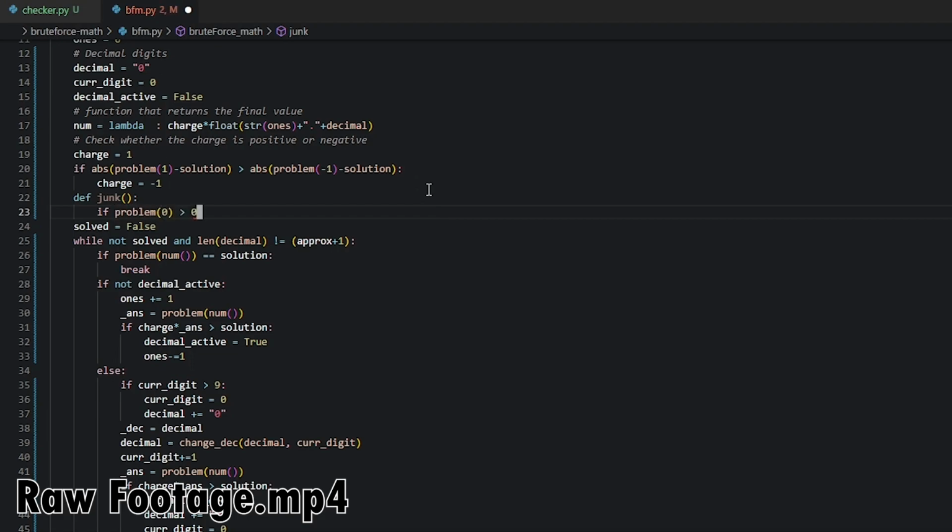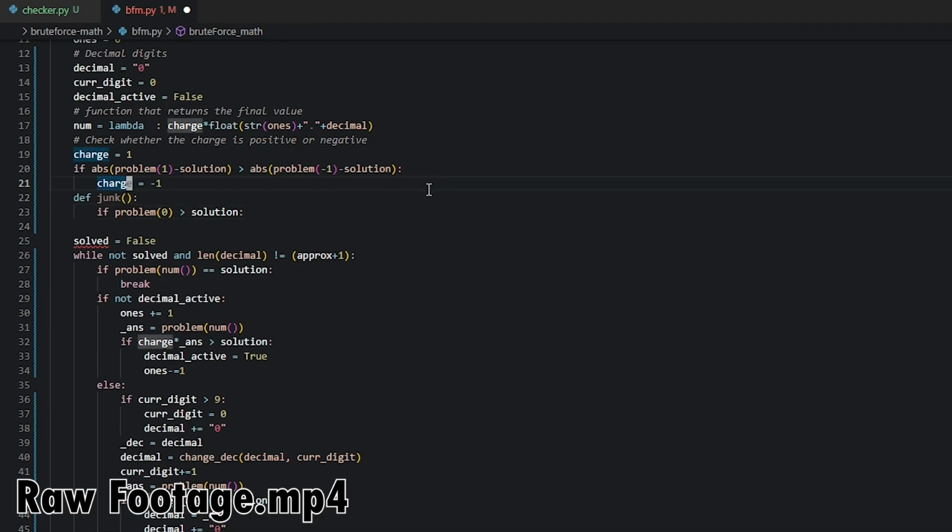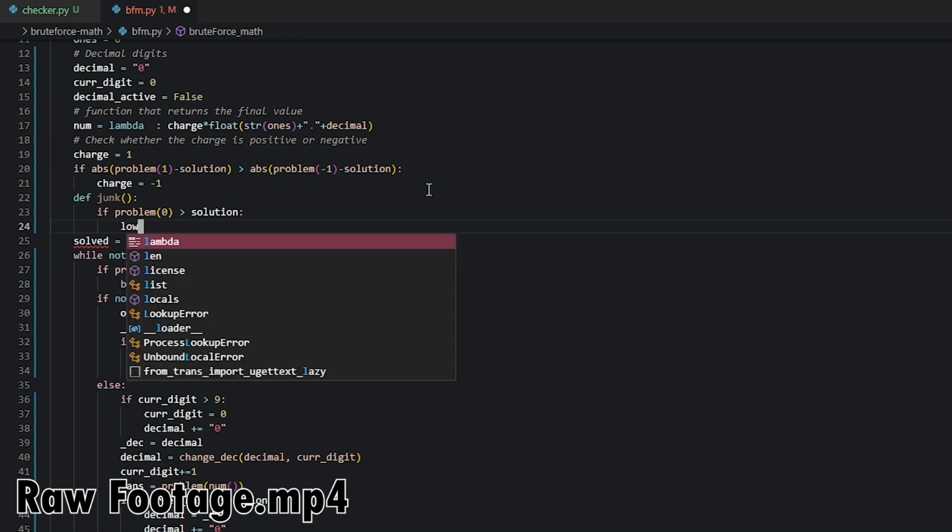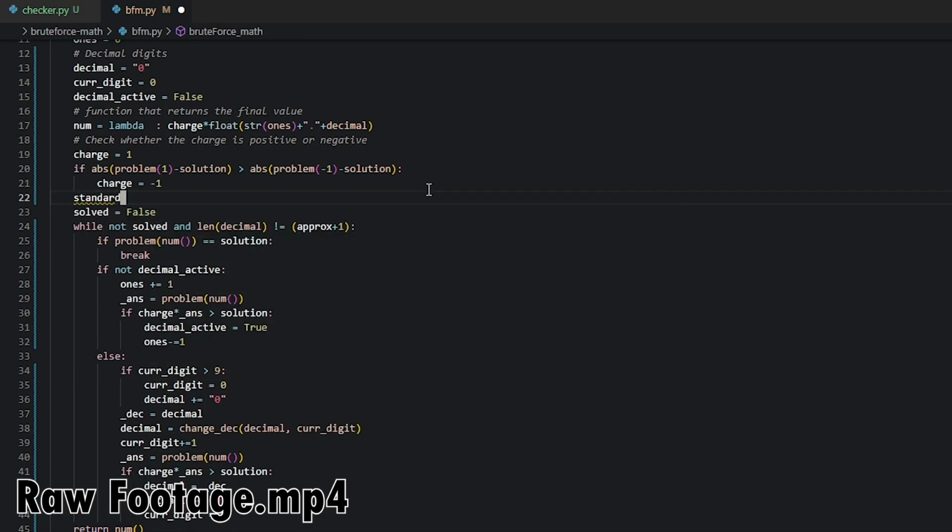And if that one is bigger than 0, is bigger than solution, right, which in this case would be 10, then we need to check when we pass it below, which would just be like lower. So we just call that like standard. And we just get the problem 0.